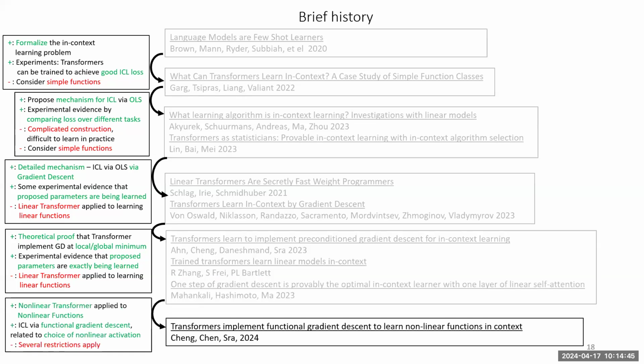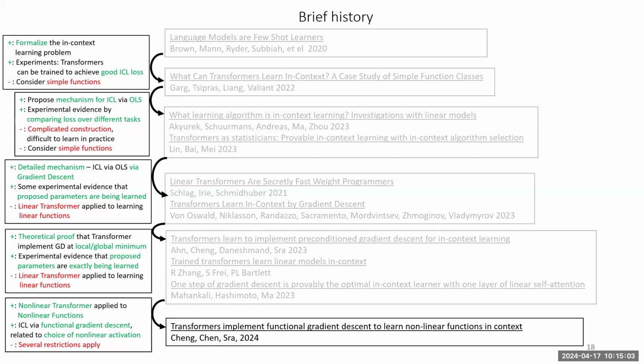And so finally, that brings me to the second paper I'm going to talk about today, which tries to establish a similar kind of guarantee, but for nonlinear transformers applied to learning nonlinear functions.